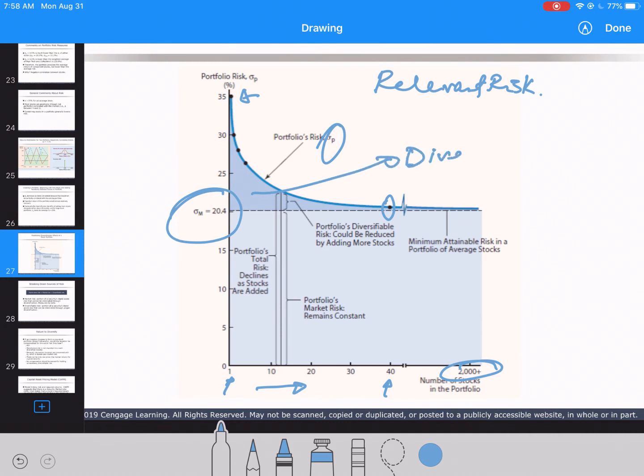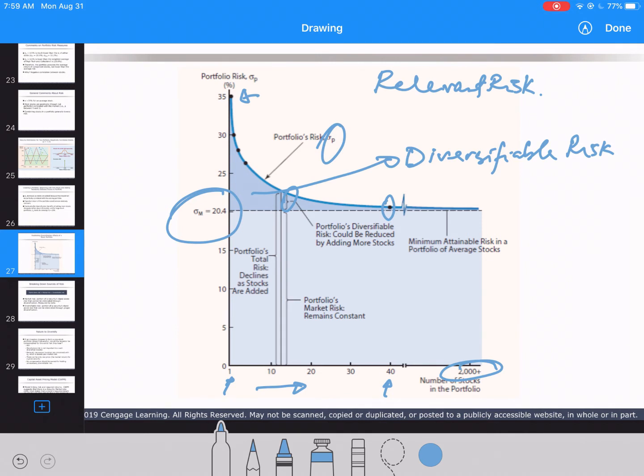Depending on the number of stocks in a portfolio, you diversify more and more risk of this asset. And I would like to bring your attention to this part, where you are holding just between 10 and 20 stocks. And this part is diversifiable risk.